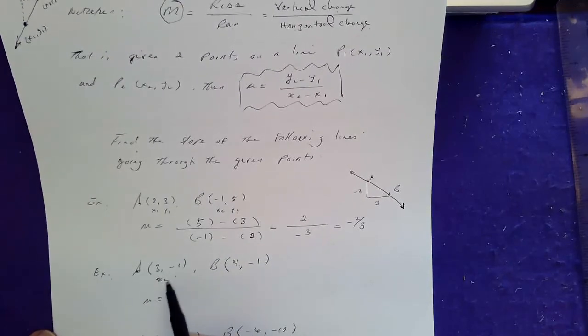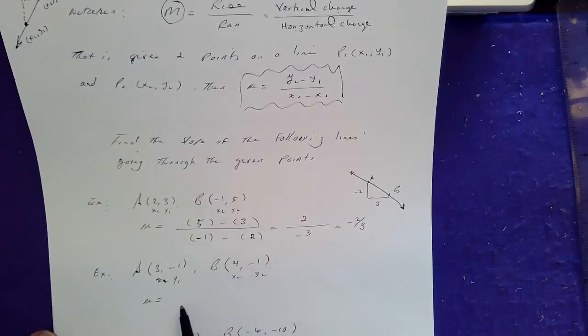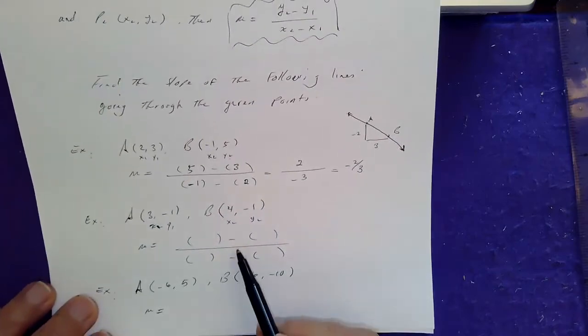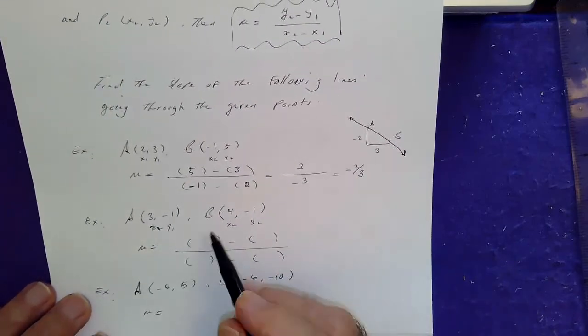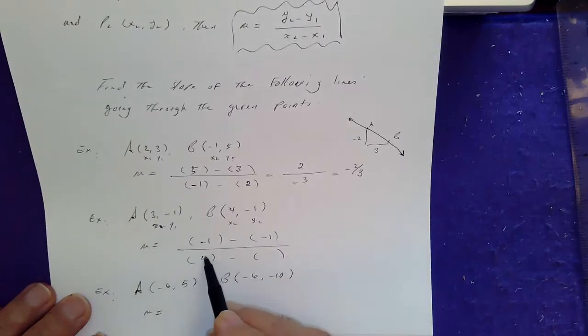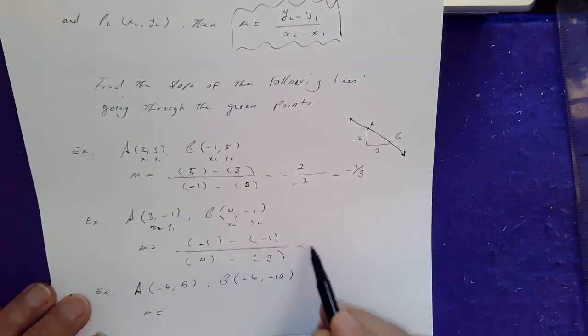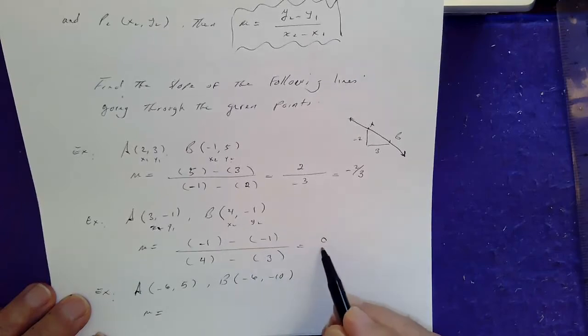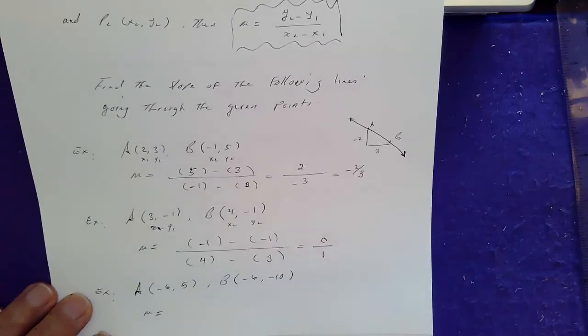Okay, continuing on, let's say this is x1, y1, that's x2, y2. Once again, I put a couple of parentheses on top, a couple of parentheses at the bottom with a minus sign in between. So I'm going to go negative 1 minus negative 1, and this is 4 minus 3. That would be negative 1 plus 1, which is 0, and that's 1.